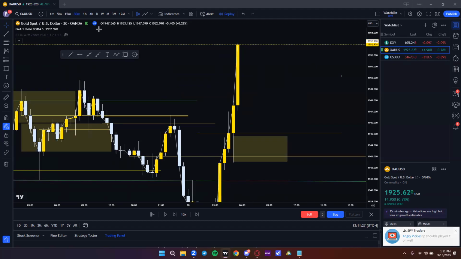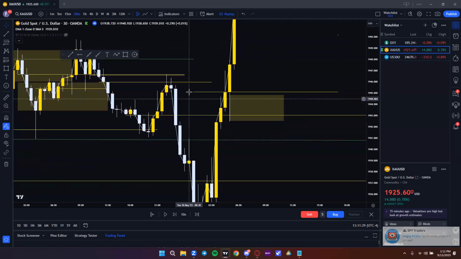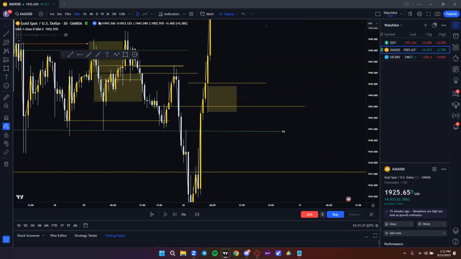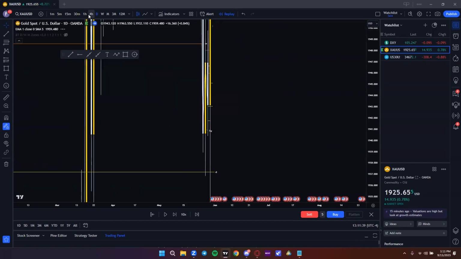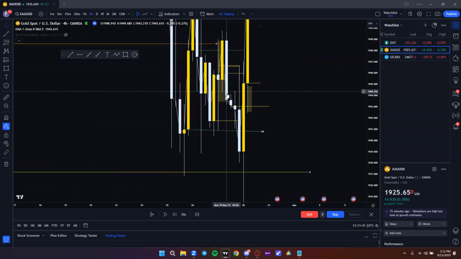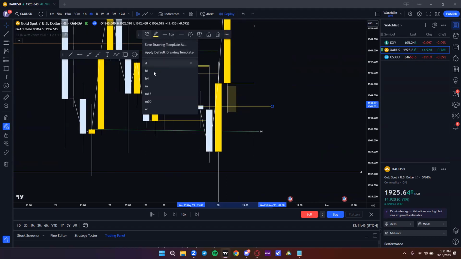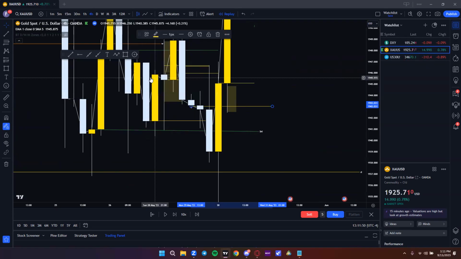Let's see, anything else? Is there anything on M30? So this level here that I marked out, was it daily or H4? Okay, this is H4. Let me just mark it and see if there's any refinement of that level on H1.